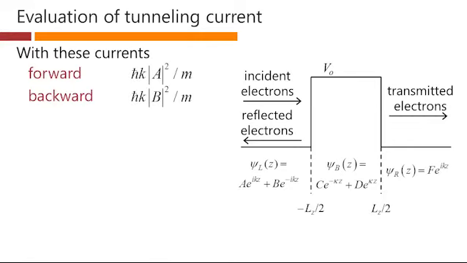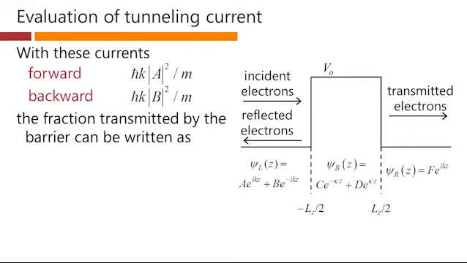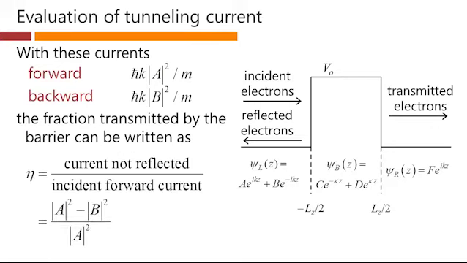With these forward and backward currents here, the fraction transmitted by the barrier can be written as an eta, which we're going to use as the current not reflected divided by the instant forward current. So if we know the instant forward current and we look at the current that is not reflected, then we have an expression like this, which corresponds therefore to the transmission through the structure.